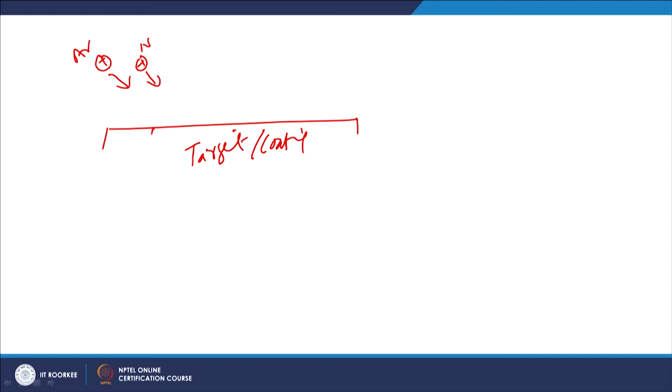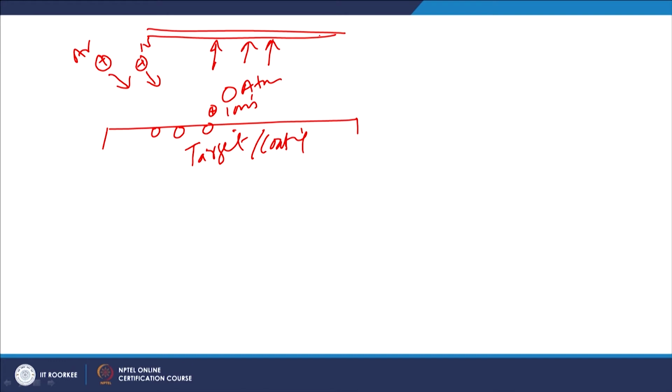With this impact, some ions of this target material are produced, and atoms are also removed. So atoms as well as ions are produced, and then these are accelerated towards the substrate using a suitable bias, so that they can be deposited in a very controlled way over the substrate.